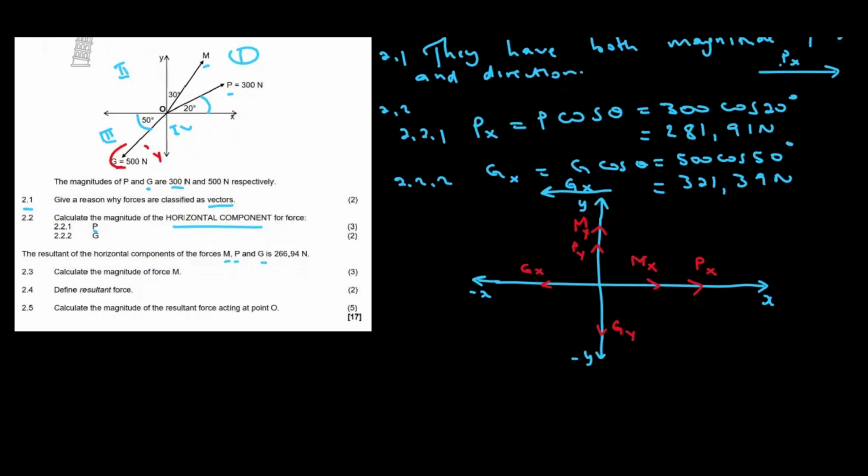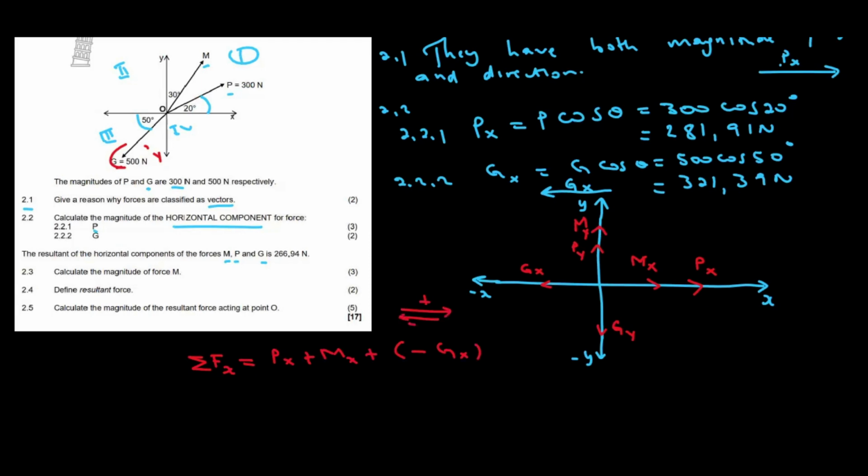Okay, so now with this, I can show you that the net force in the horizontal direction is given by a summation of forces in the horizontal direction, which is going to be P in X plus M in X minus G in X here, right? The reason why I'm putting a negative sign is because I'm taking vectors to the right as positive and vectors to the left as negative.